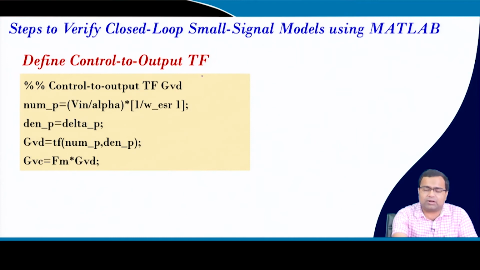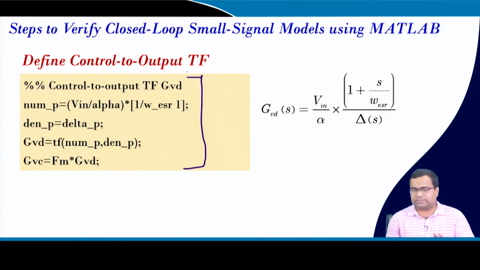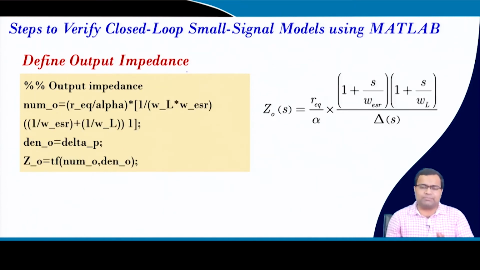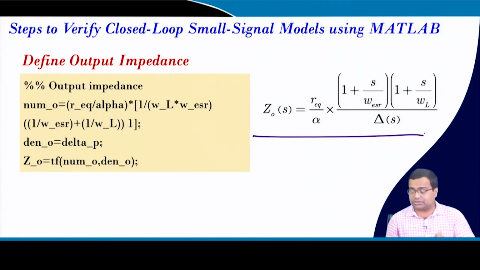We have defined the open loop control to output transfer function like this, also discussed in lecture number 30. Open loop output impedance also we have discussed in lecture number 30, how to write it with a transfer function.